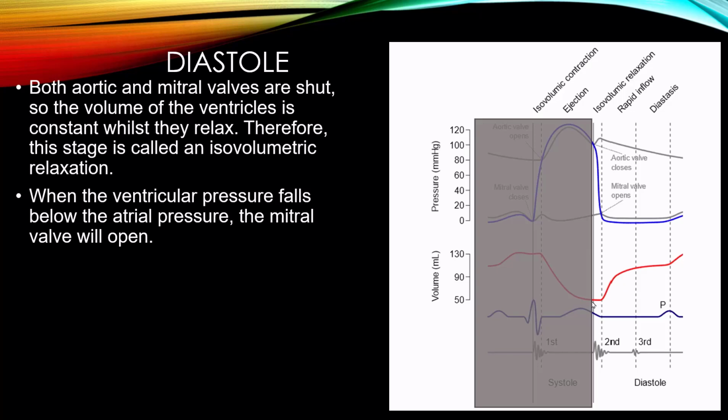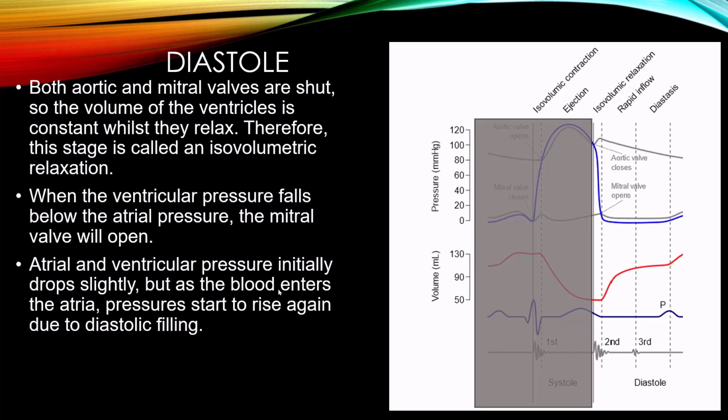Here you can see this is the isovolumic relaxation, and there is no change in the volume of the ventricle, because the ventricle has pumped its blood and it has come to its lowest level, and then when it relaxes, there is no flow of blood from the aorta to the ventricle. So during this relaxation, the volume of the ventricle remains constant.